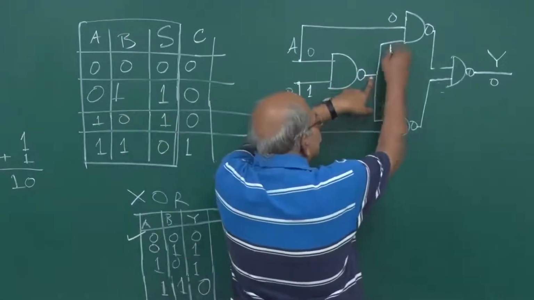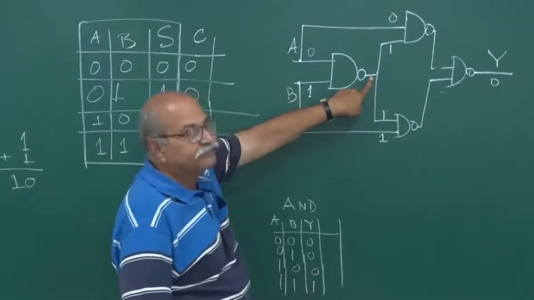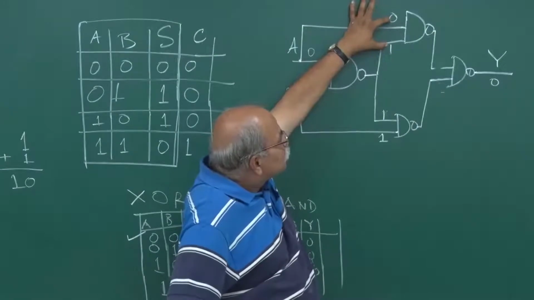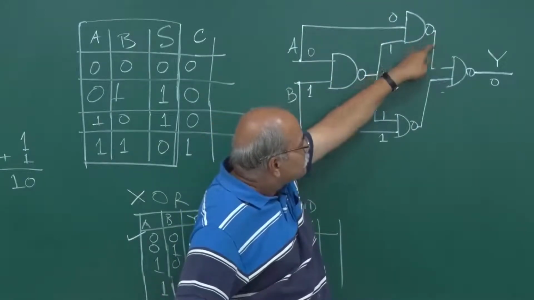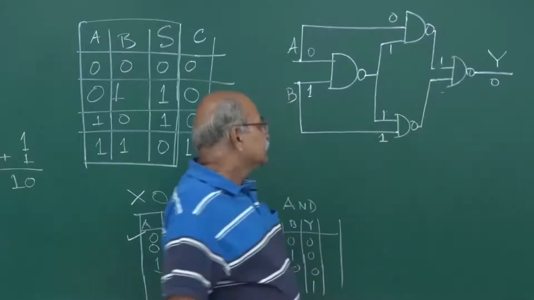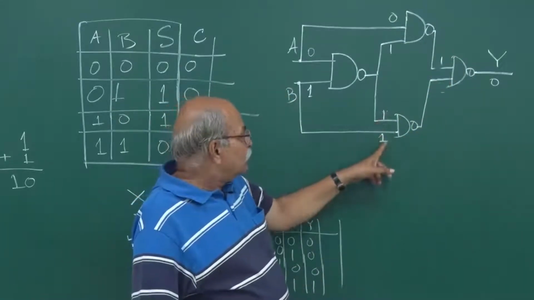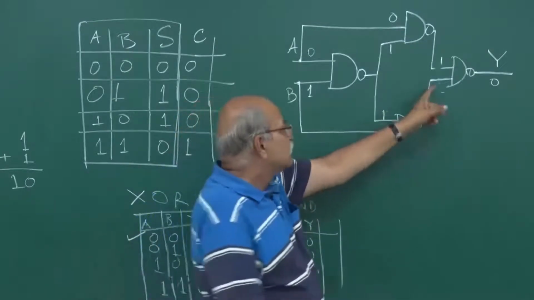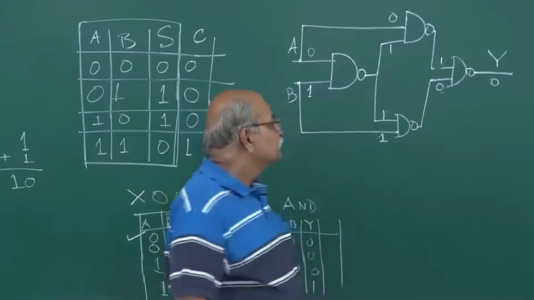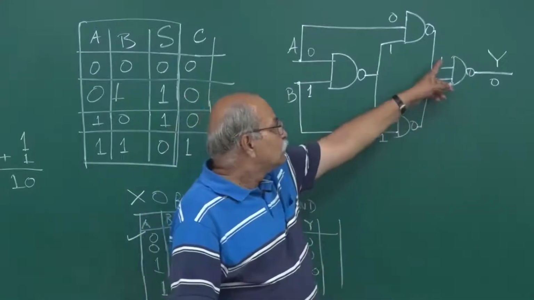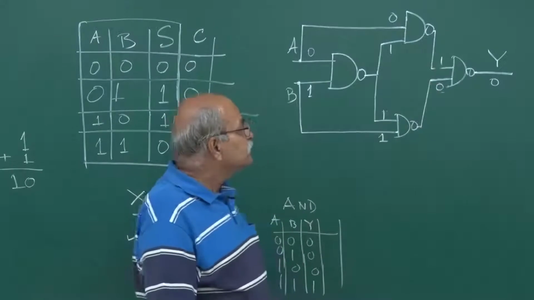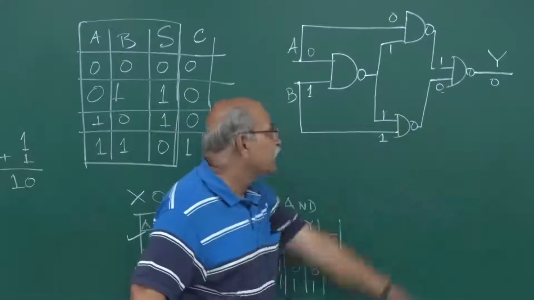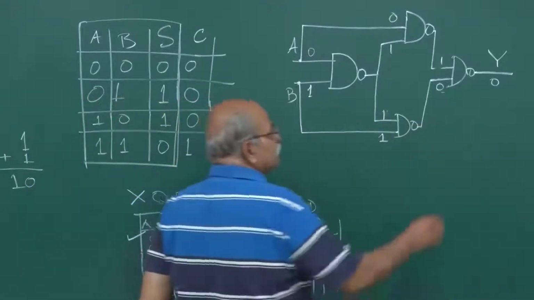And therefore this is 1 and this is 1. And then 0 and 1 is 0. So here it is 0, here it is 1. So this is 1. And 1 and 1, how much is 1 and 1? It is 1. And NOT of that will be 0. So this is 0. 0 and 1 is 0 and NOT of that is 1. So this Y will be 1.